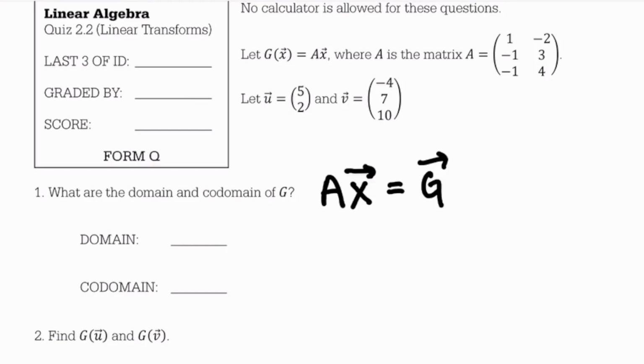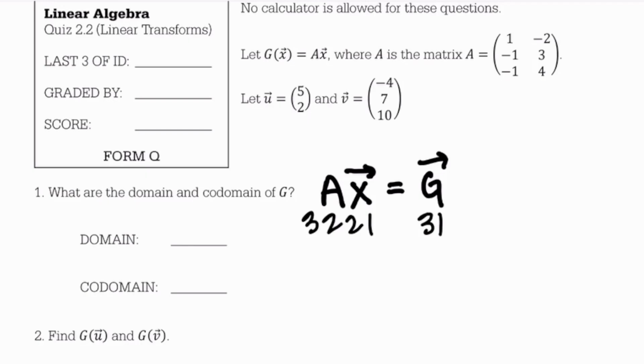We're taking a vector and multiplying it by A on the left, and we're getting an output vector, g of x. A is a 3 by 2 matrix, so that means if x is a vector, it needs to be 2 by 1, some number of entries in a 1-column matrix. As a result, g will be 3 by 1.